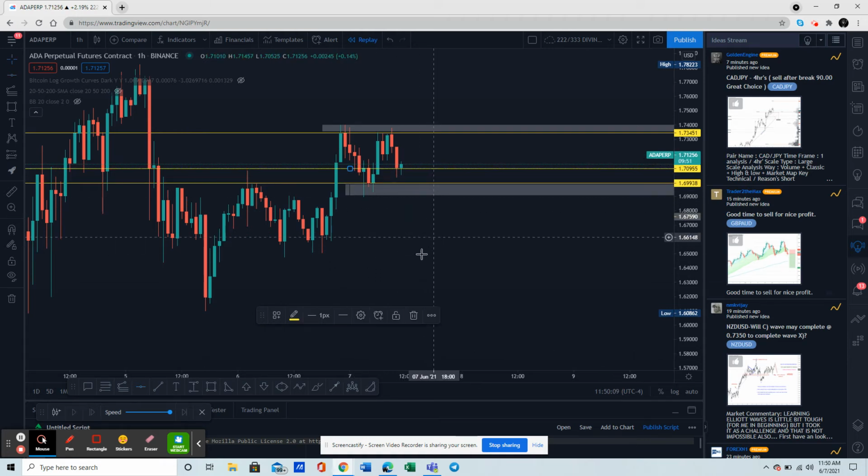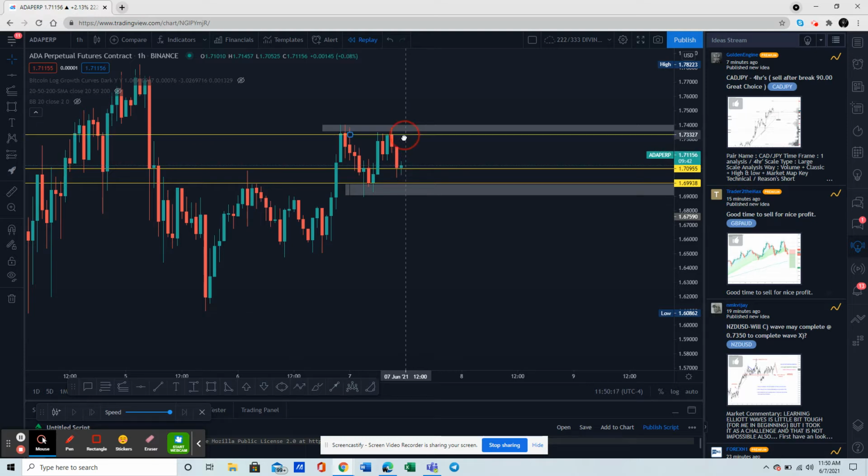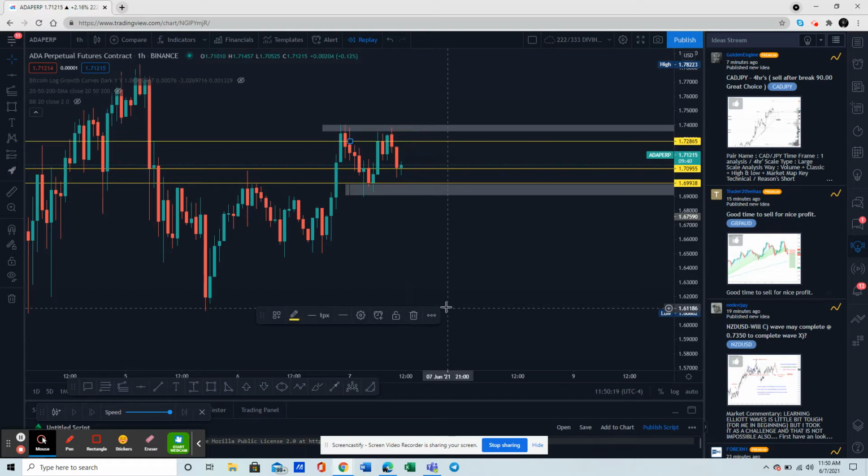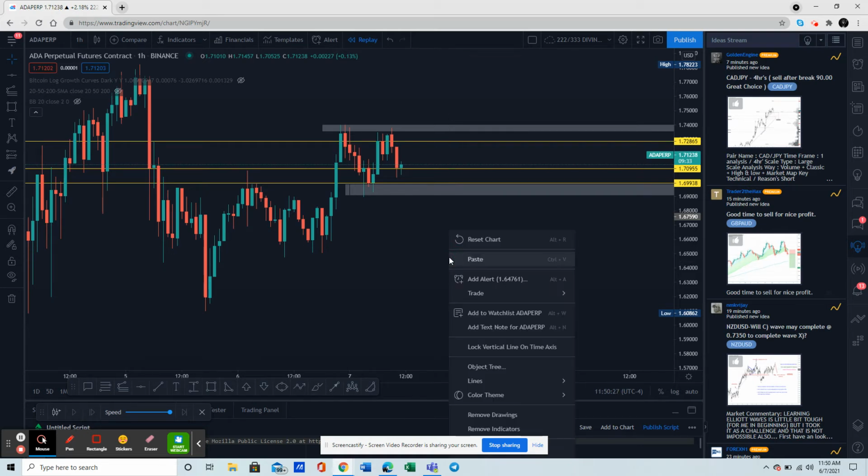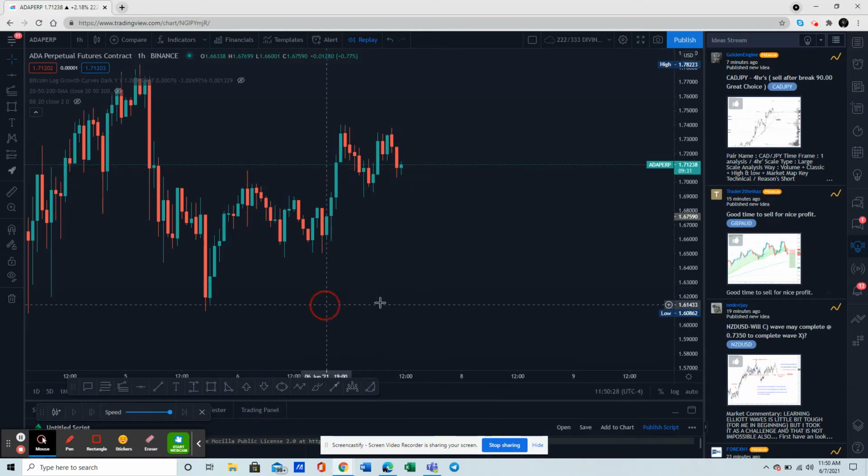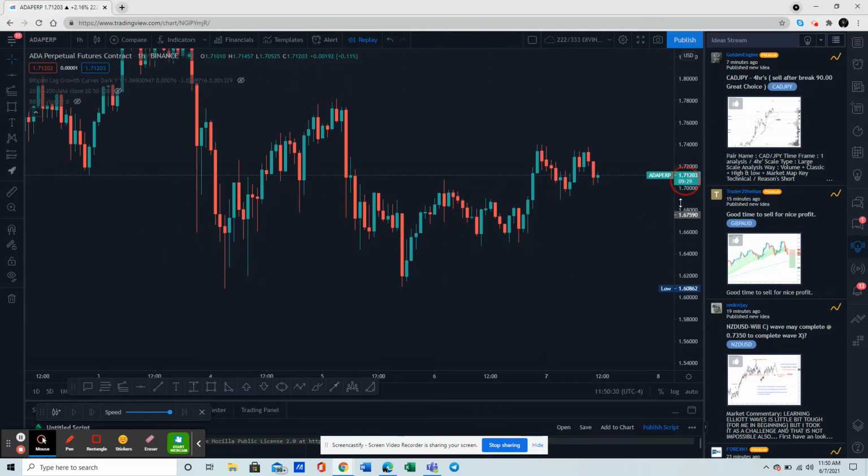Like right here, that's support with a zone. We've got right here. I'm not even gonna put it, I'm just gonna pull it down. You have another one right here. Okay. So support and resistance is very important in setting the tone for your canvas, which is your chart.